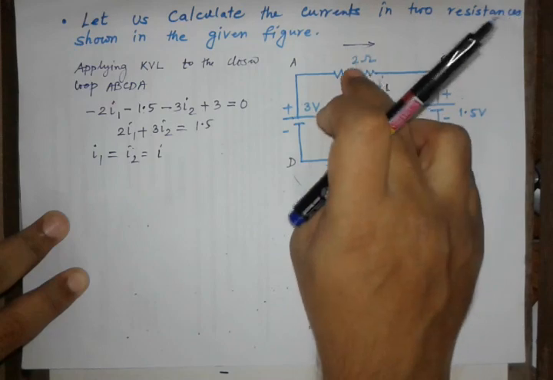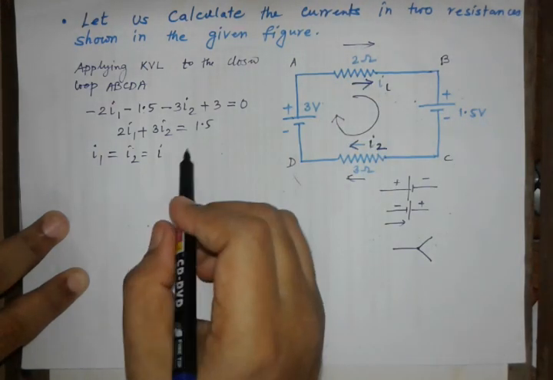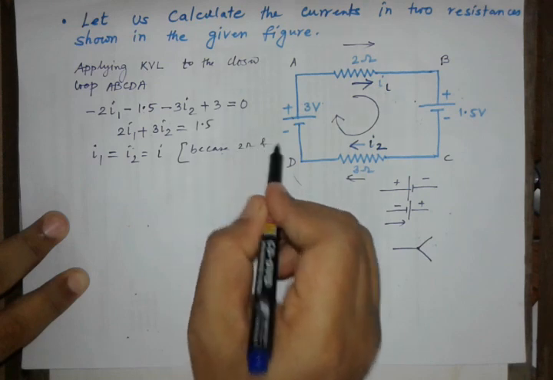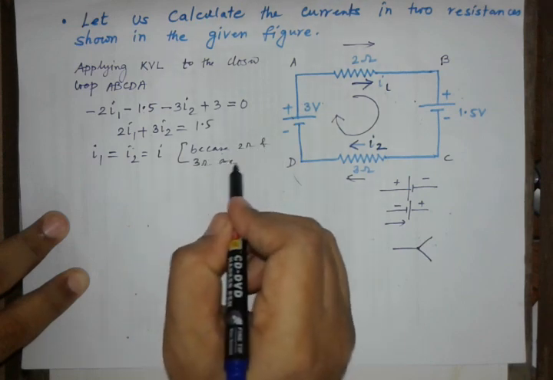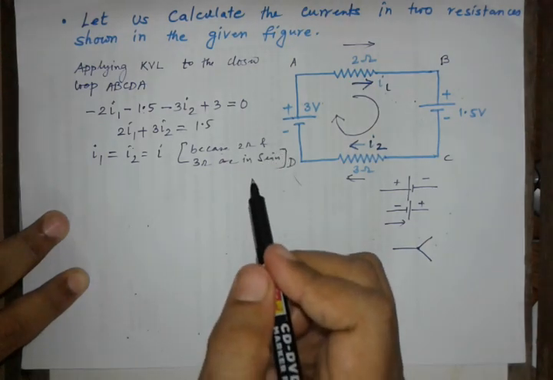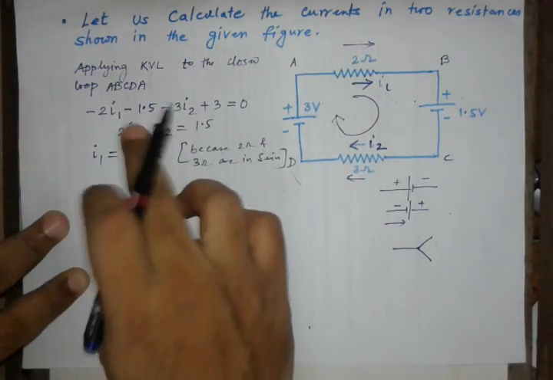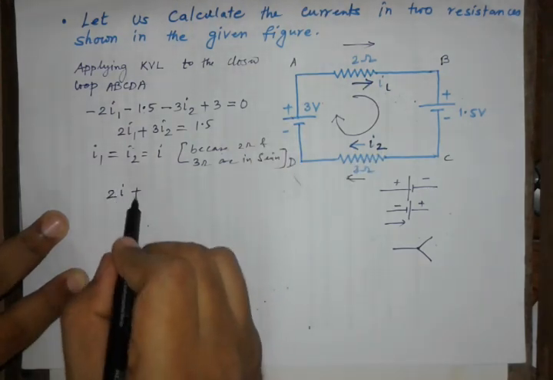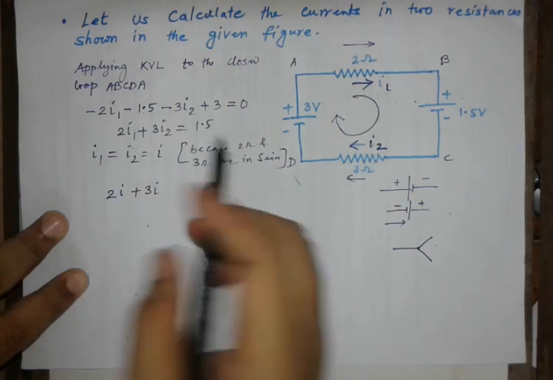Write down because 2 ohms and 3 ohms are in series. Okay. So now put the value of I1 and I2, so 2I plus 3I, in this equation.